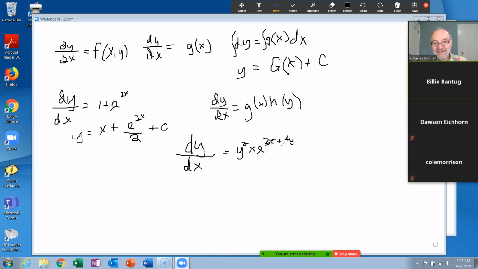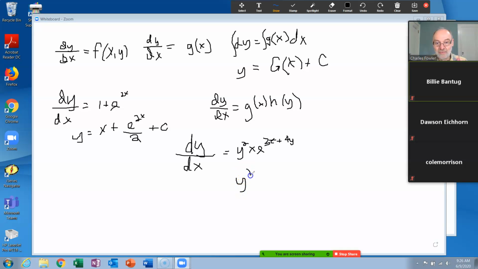You can factor it, can't you? Well, I guess factoring is one word you can say for it. A product of exponents. If you have a sum of two exponents of the same base, a to the b plus c, that's the same as a to the b times a to the c, right? Yeah, let's do it that way. If that's what you meant by factoring, that's exactly right.